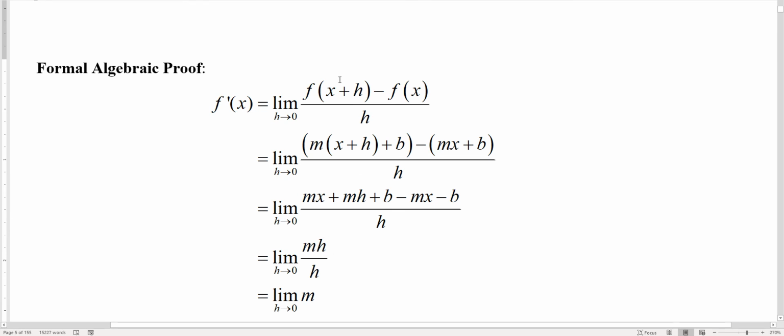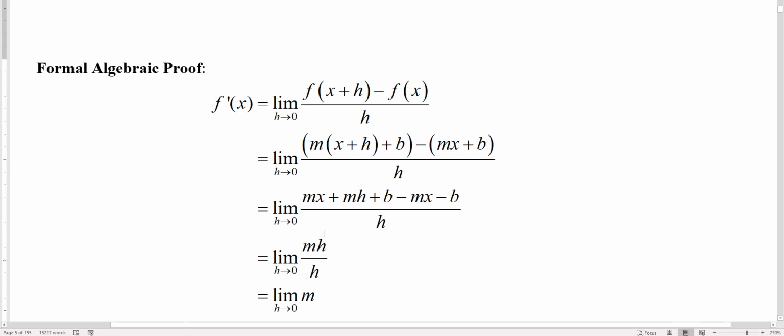Notice that from the very beginning, in any of these steps, if we plug in h equals 0, we get 0 divided by 0. This always happens when we're doing a derivative formula. But at this point, h is not actually 0, it's only approaching 0.